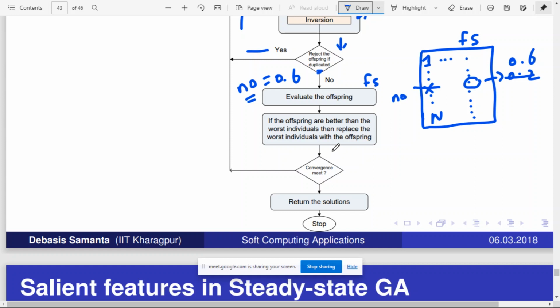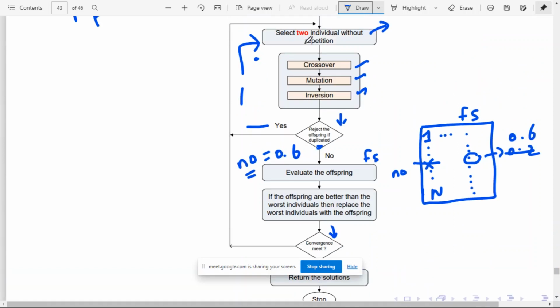And then we check whether the convergence is met or not. That is, I check whether we are happy with the solution or not by identifying the best individual from this. If you are not happy with the solution, again go back, identify the next two individuals, and perform reproduction, that is crossover, mutation and inversion. If it is a duplicate offspring then reject it.